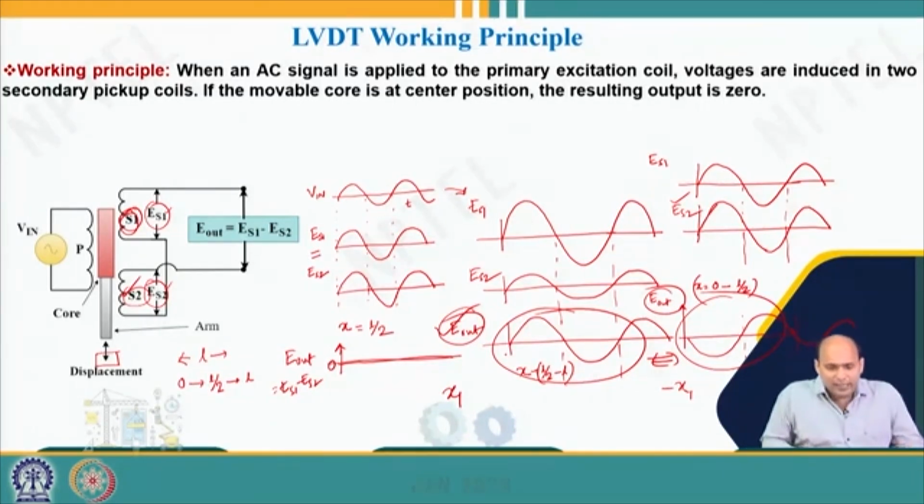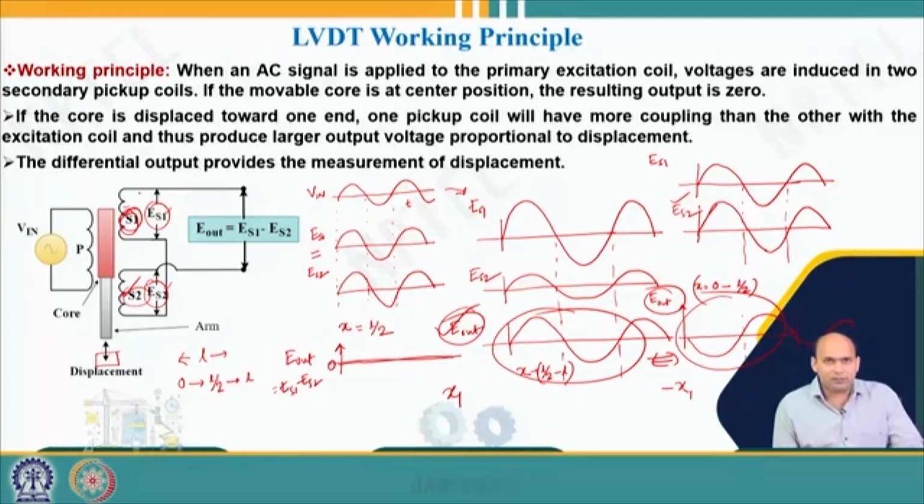Because as we know, displacement is a vector quantity, having both magnitude as well as direction. So if the core is at the mid position, I will get output 0. If it is towards S1, I will get positive output. If it is towards S2, I will get negative output. That is basically the phase difference I will get.